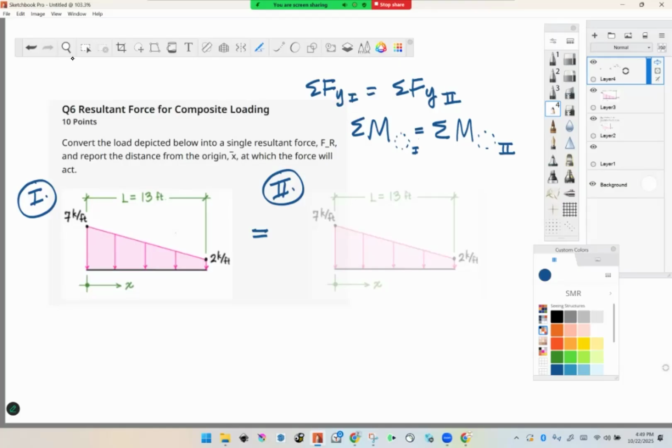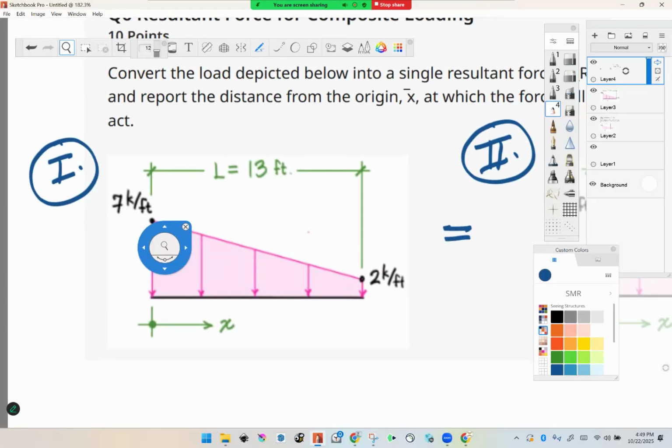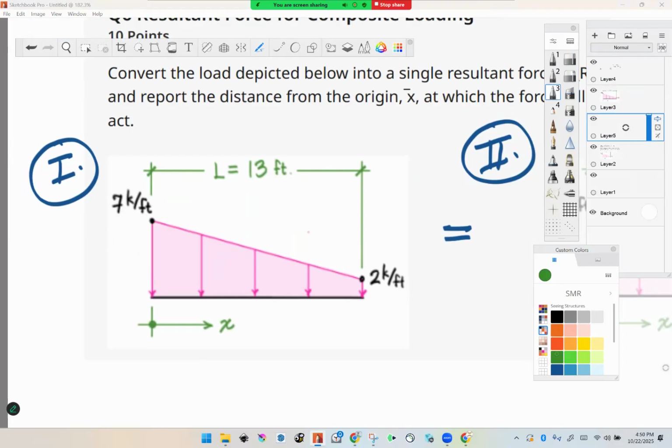In order to make some headway on this problem, I'm going to split that function into 2 pieces. I'm going to take this rectangular piece, which is a uniform, constant load of 2 kips per foot over the 13 feet.